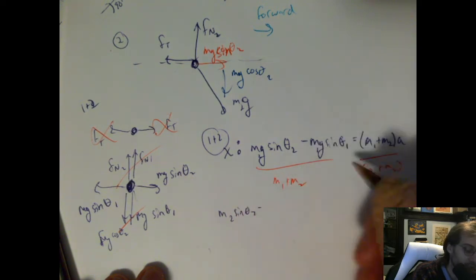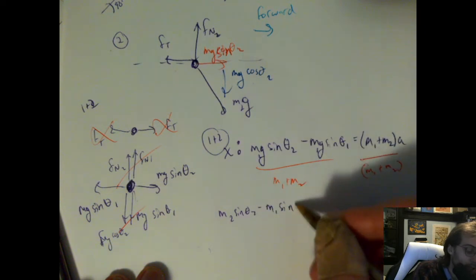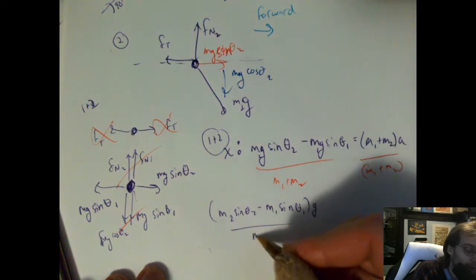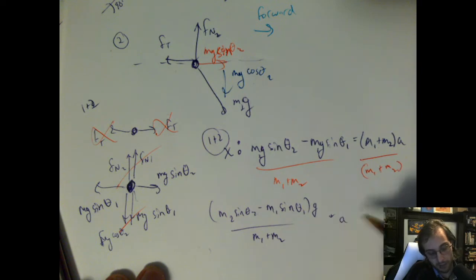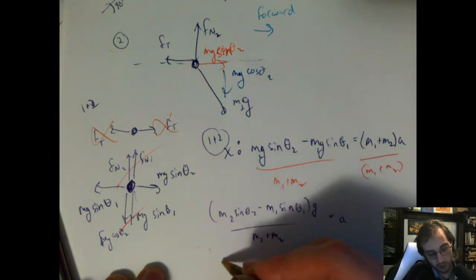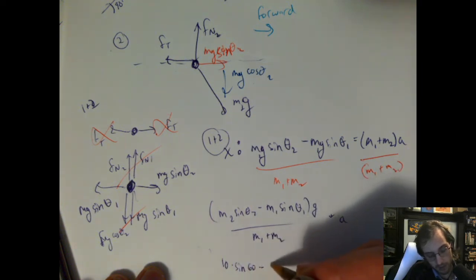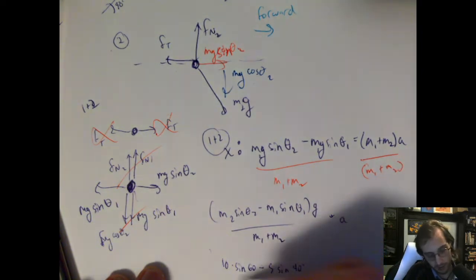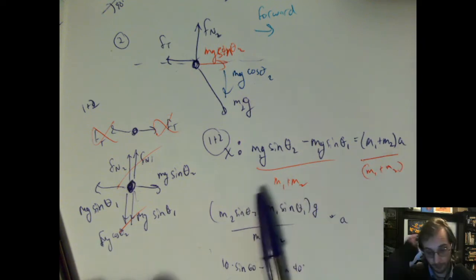I'm going to factor out the g because they both have g in common. Minus m1 sine theta 1, times g, divided by m1 plus m2. And that'll just give us acceleration. Putting in our numbers, we've got 10, sine 60 minus 5 sine 40, and that's being divided by 15, or 5 plus 10.